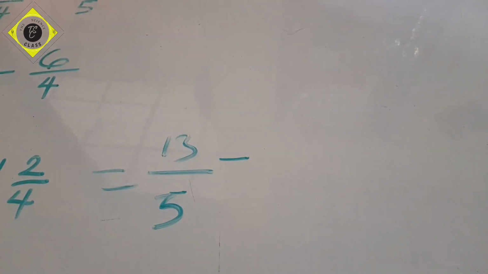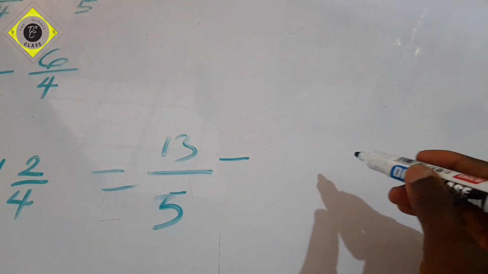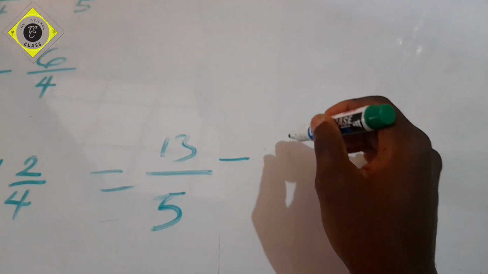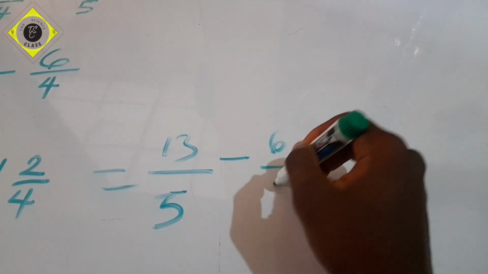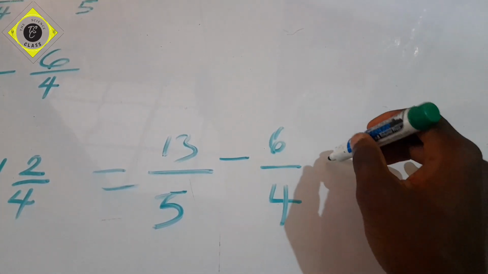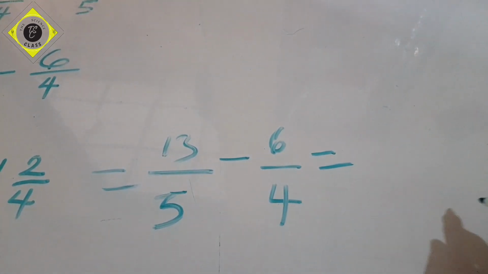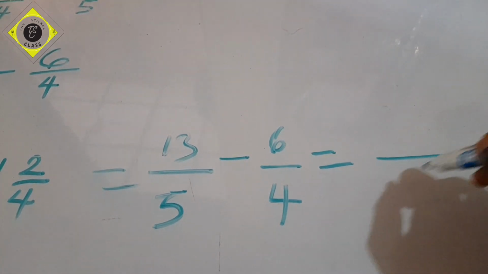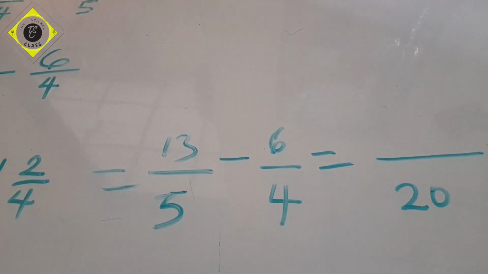To improper fraction, it is going to give you 4 times 1 is 4 plus 2, that's 6 over 4. Then you find the LCM of both 5 and 4, which is going to give you 20. Now 20 divided by 5 is going to give you 4.